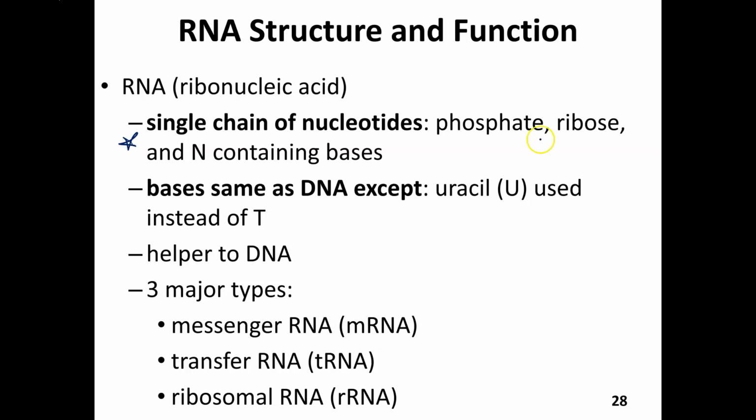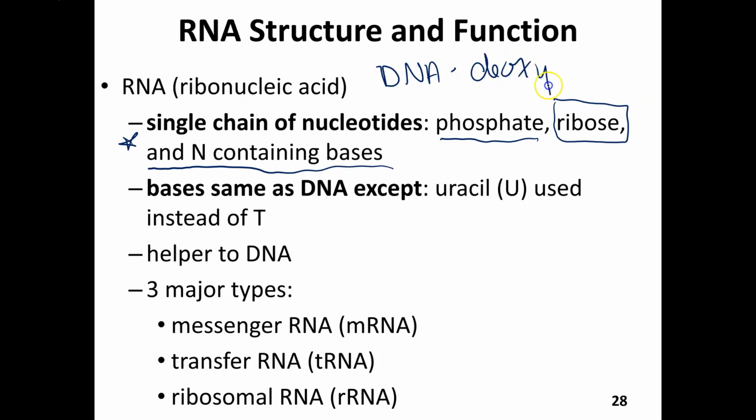And it contains a phosphate, it contains the nitrogenous bases, but the pentose sugar, instead of deoxyribose, is ribose. So this is a difference right here. We have a ribose sugar. In DNA, we had deoxyribose. So there's a difference there.